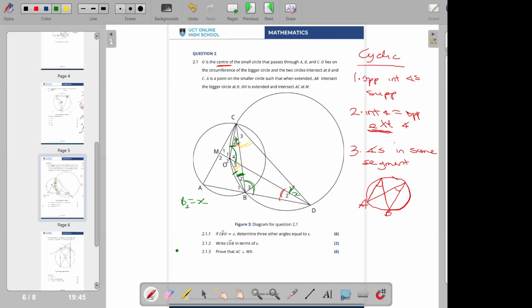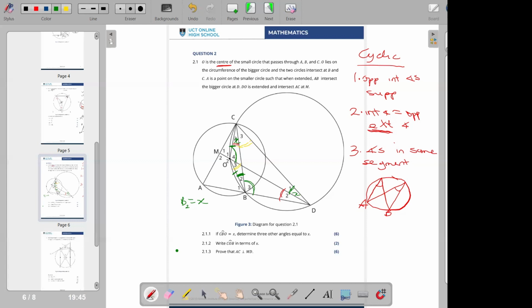And then I'm also not sure about this one, but oh no, I am sure. D2 is also equal to x, because C2 is equal to D2 because of the angles in the same segment.